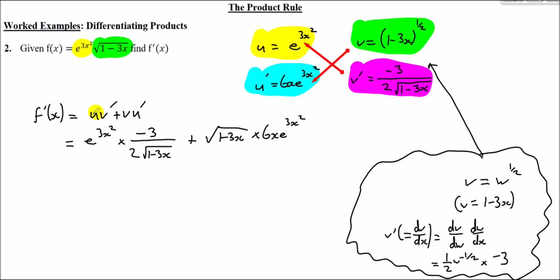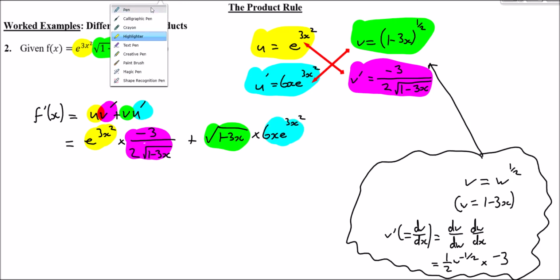So we have u times v dashed, where v dashed is this thing here, then plus v, which is this, multiplied by u dashed, which is 6x multiplied by e to the 3x squared.